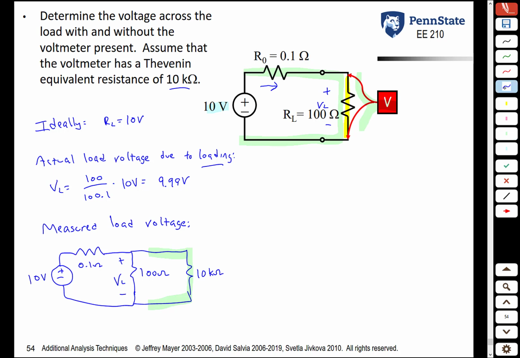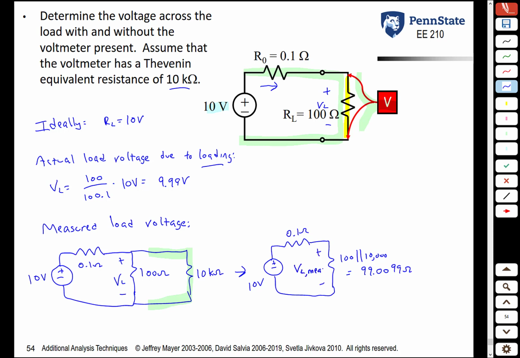So in other words, this 10 kiloohm resistor here is the Thevenin equivalent of that voltmeter. We can now analyze this circuit here by putting the 10K resistor in parallel with the 100 ohm resistor. So we have 10 volts, 0.1 ohm. This resistance here is now 100 in parallel with 10,000, or 99.0099 ohms.